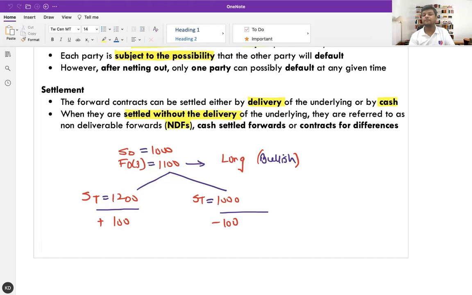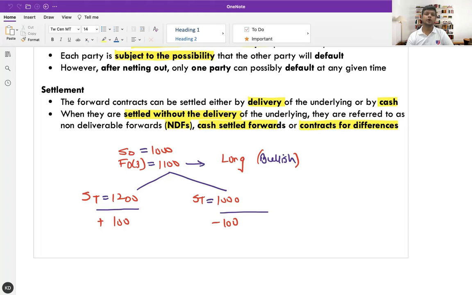Now you get why? Right? Or they are called cash settled forwards or contracts for differences, different names. But what is this process called? Netting off. What is netting off? Where you don't do any settlement by delivery of the asset, but just see the difference, and that is cash settled. Clear?